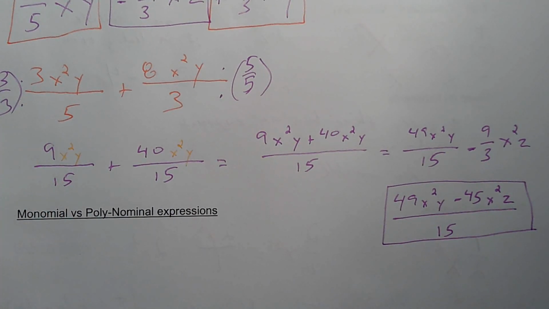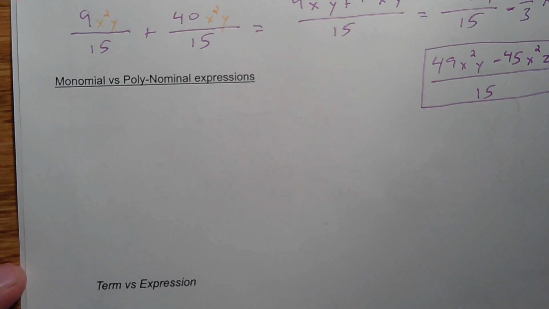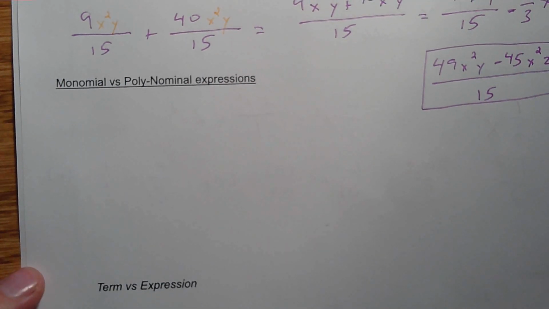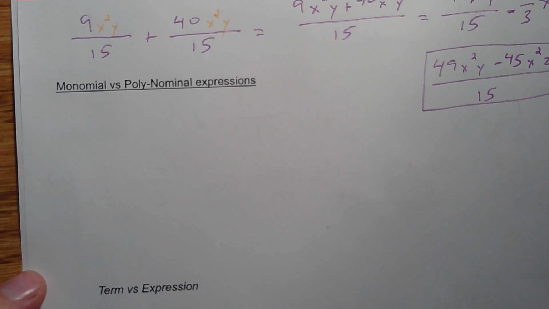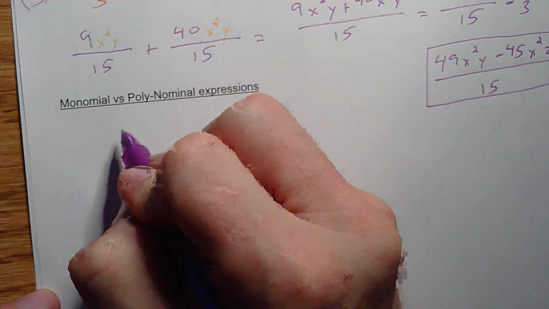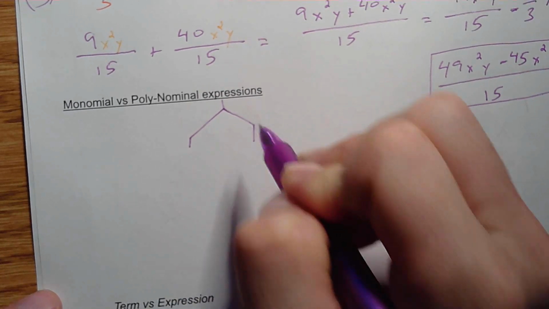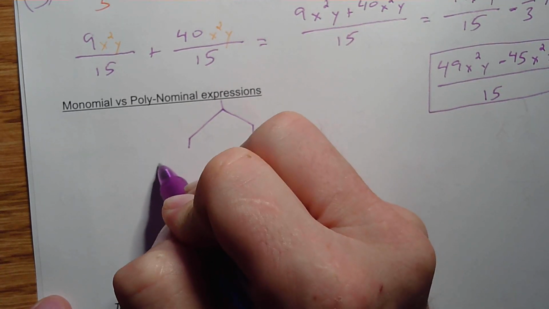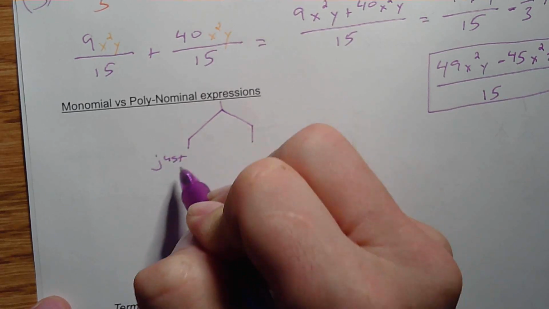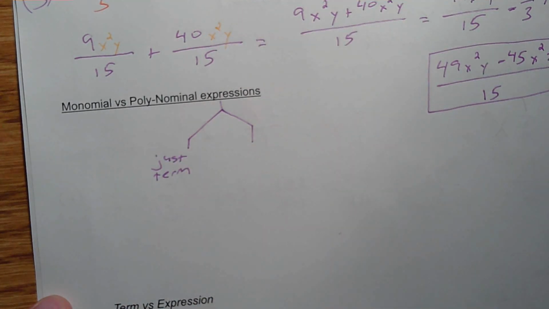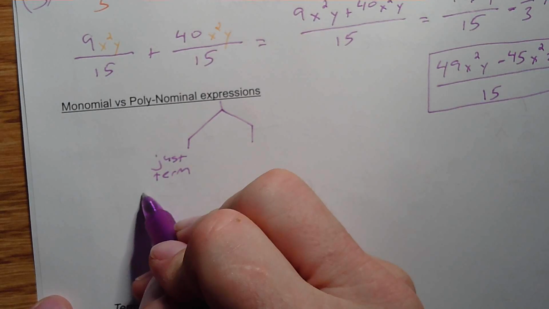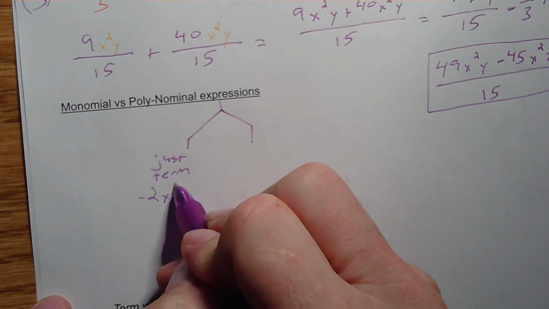Okay, so a polynomial versus a monomial expression. Okay, so you have expressions. A monomial is just one expression, just one term. That's your negative 2x squared.